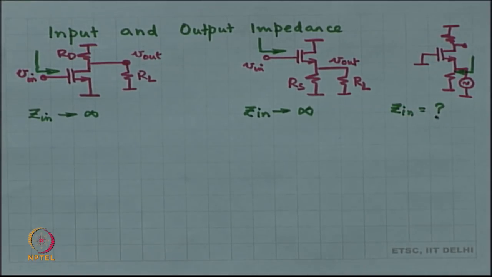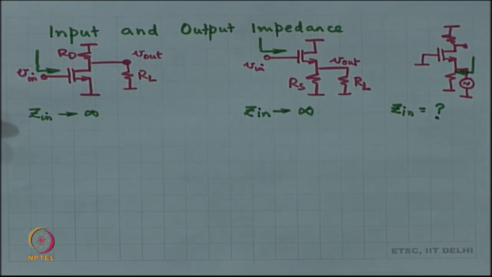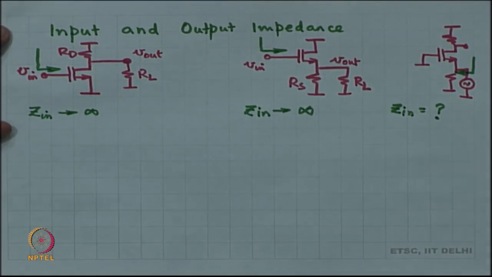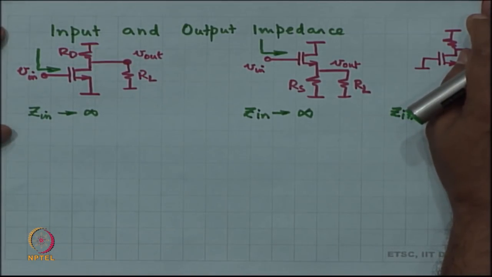We need to work it out. Okay. The other two are obvious, because when you look into the gate, the impedance is infinite as far as we know so far. Is this okay?